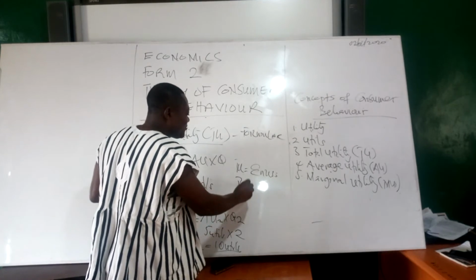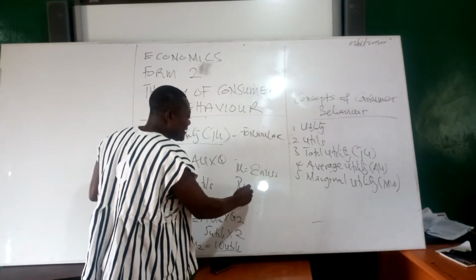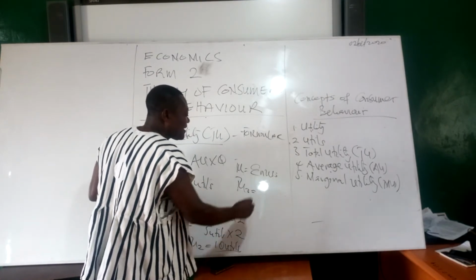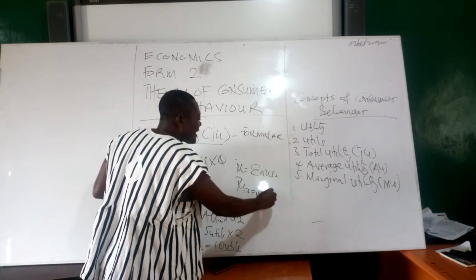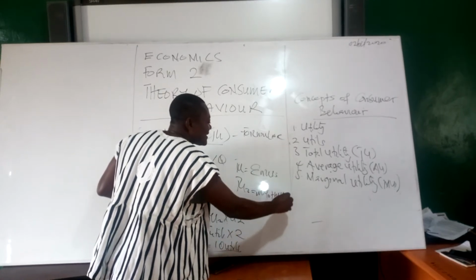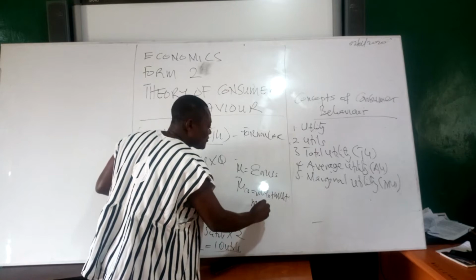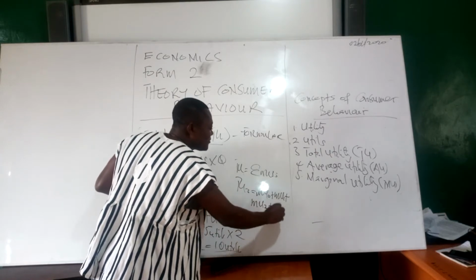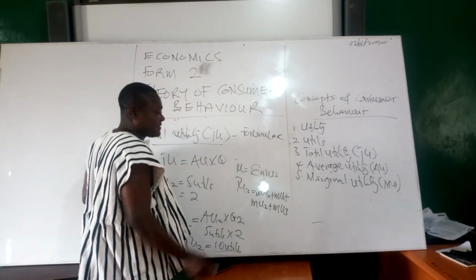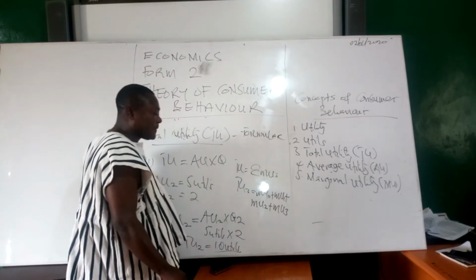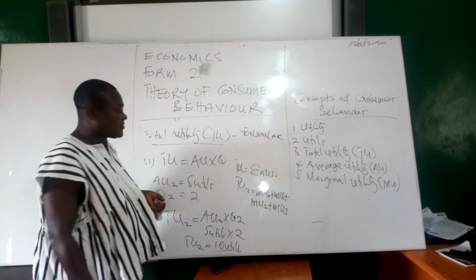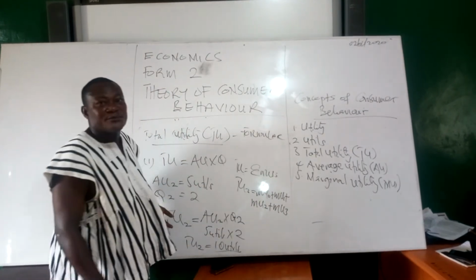So if TU is for quantity 3, then we are going to have MU0 plus MU1 plus MU2 plus MU3. Summing up these various marginal utilities will get you the total utility.